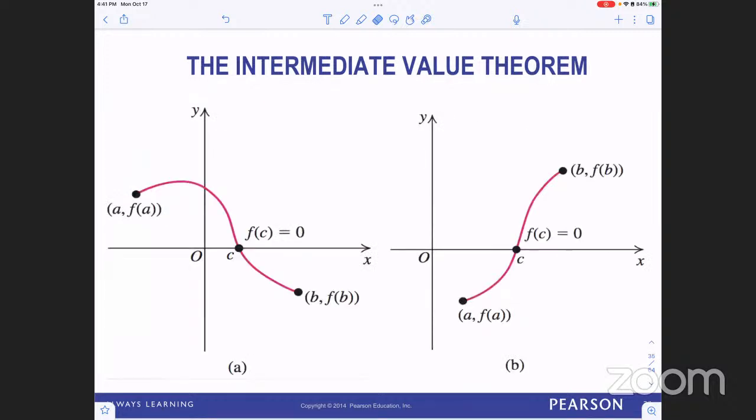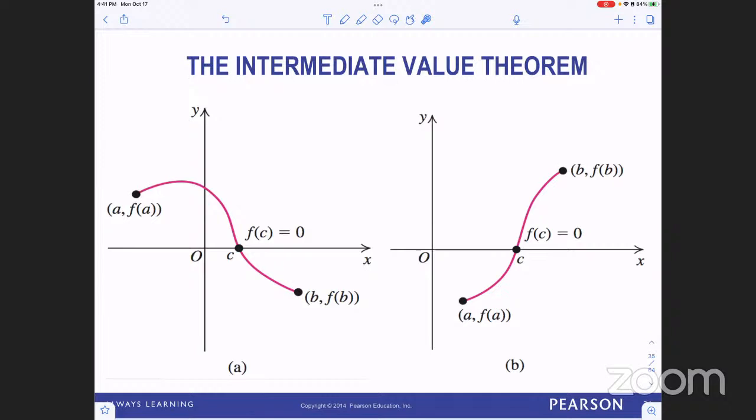So the intermediate value theorem: if we're working with a polynomial function and we have some a strictly less than some b, and f of a has a different sign than f of b, then there has to be some c between a and b. Basically, the graph has to cross the x-axis. So there has to be a c between a and b such that f of c equals 0, right?